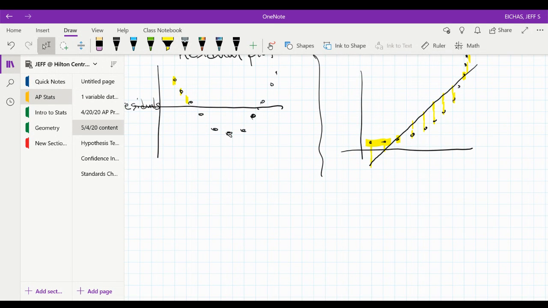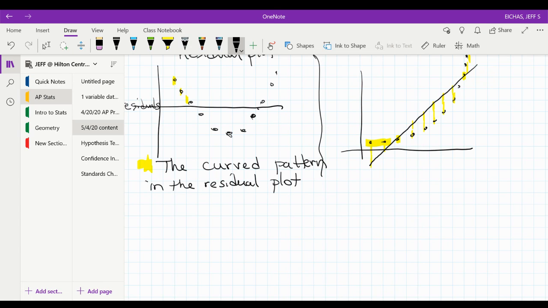When it is a curved pattern, what you have to say is the curved pattern in the residual plot, now be careful here, tells us a non-linear model would be more appropriate.